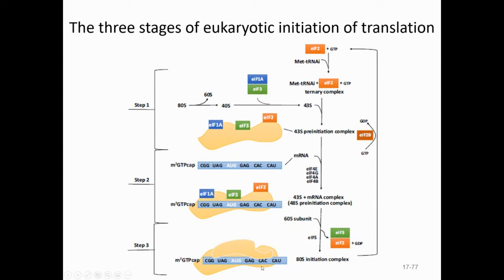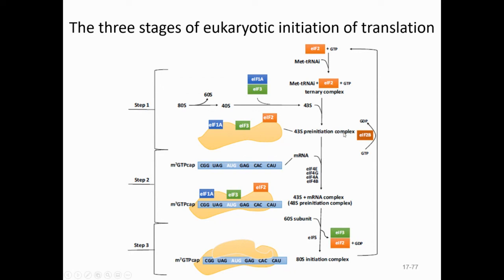It moves until it encounters the first AUG. Once it does, the 60S ribosomal subunit is recruited and they form the 80S initiation complex. Then the GTP is hydrolyzed and all the initiation factors are released.